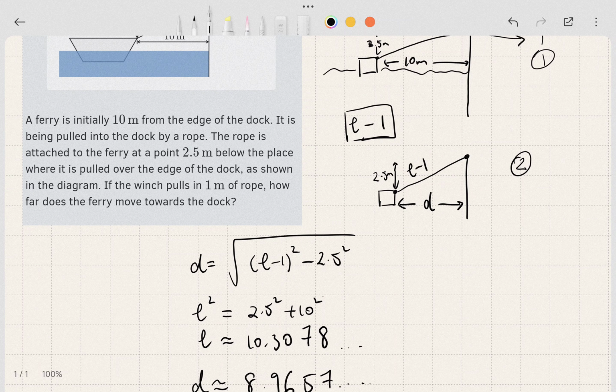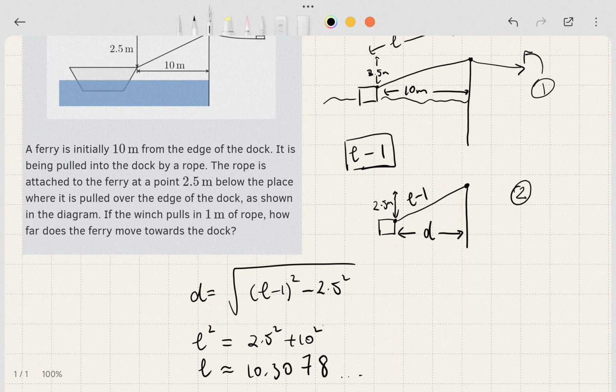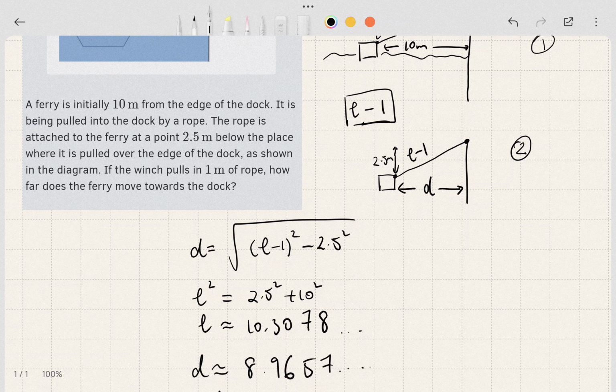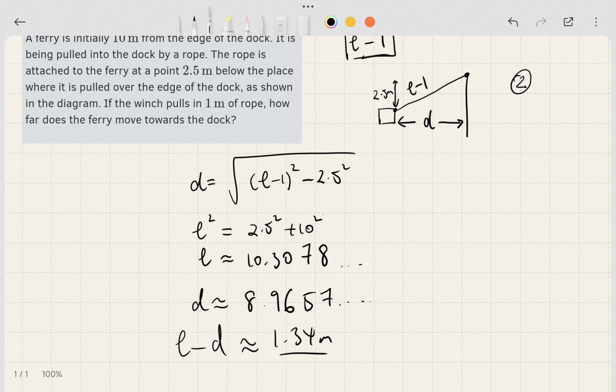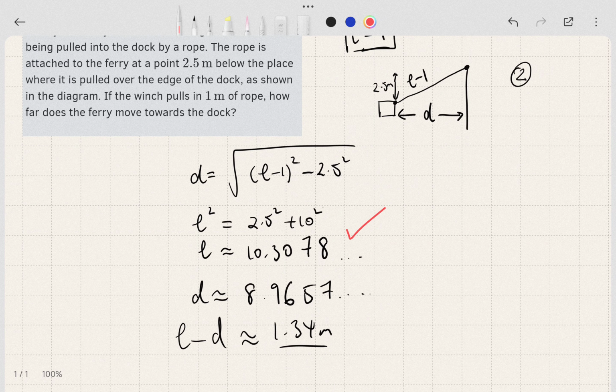So we know that L squared is 2.5 squared plus 10 squared, so 2.5 squared plus 10 squared is 106.25, and taking the square root of that, we get 10.3078. I think that is correct. Just marking it correct. And then now we need to find D.